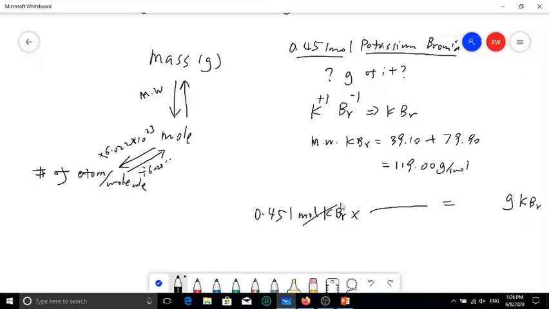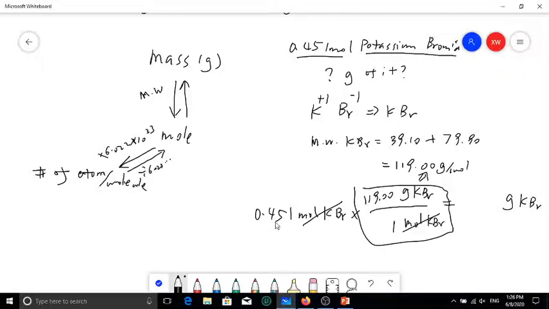We're trying to get rid of the mole of KBr, potassium bromide. We're trying to have the gram, which is the mass unit of KBr, on top. So this whole thing is the molecular weight. Now, every 1 mole weighs 119.0 grams. So basically, you multiply the mole by the molecular weight number.